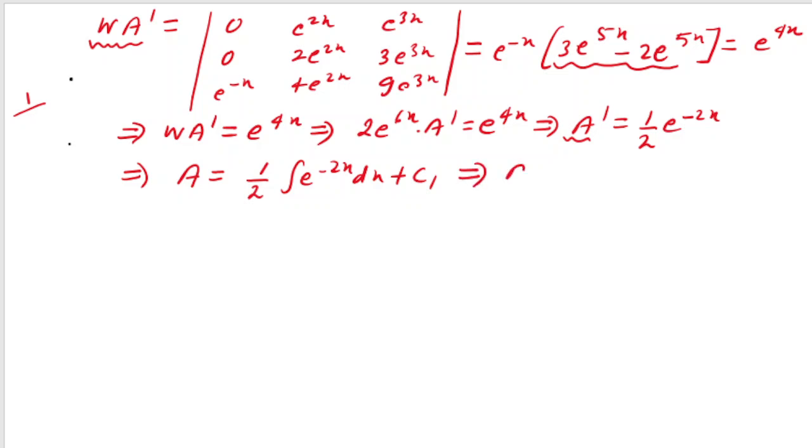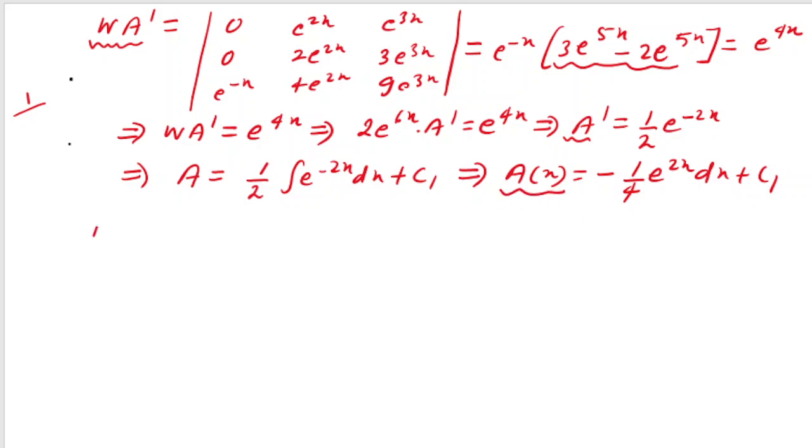So what I got, the first thing, that is A(x), is equal to integration of e to the power minus 2x, which will be e to the power minus 2x by minus 2, and 1 by 2 is already there, so it will become minus 1 by 4 e to the power minus 2x plus c1. So this is how I got the first function A(x).